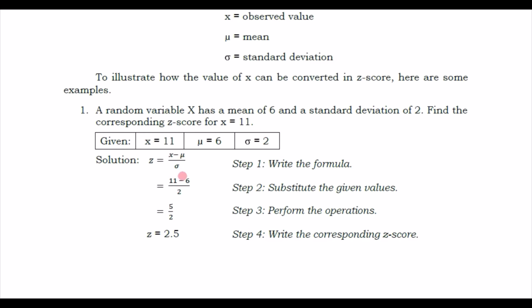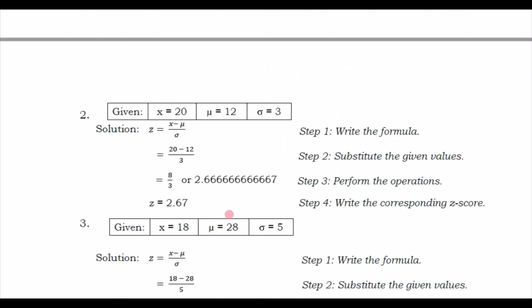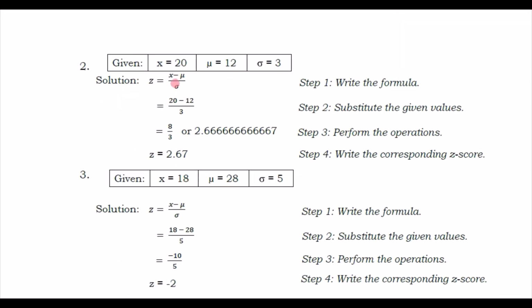Okay? So, substitute lang natin yung value dito sa formula. Okay? The x is 11 minus mean which is 6 over the standard deviation of 2. And we will have z-score of 2.5. Okay? So, same lang din yung solution dito. Same lang din yung formula.